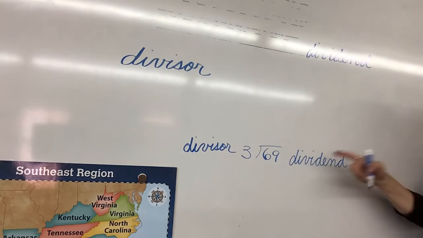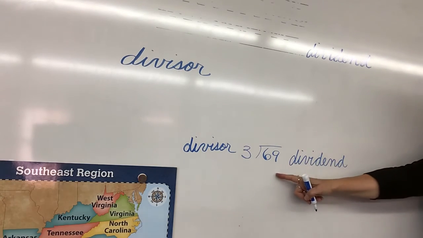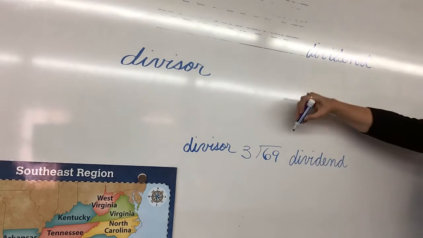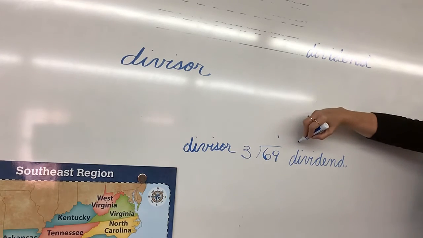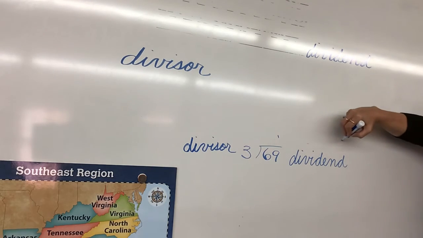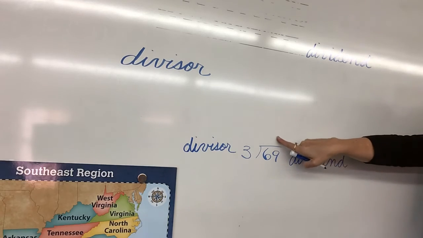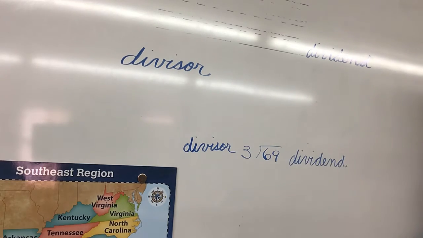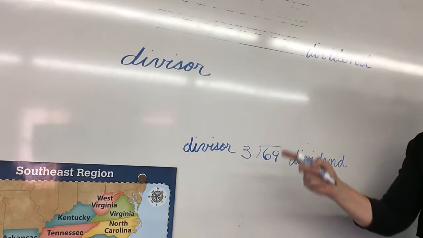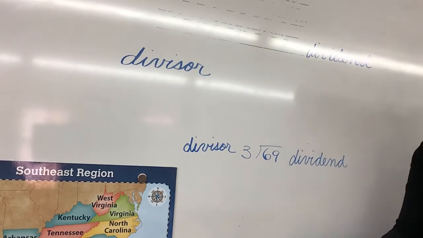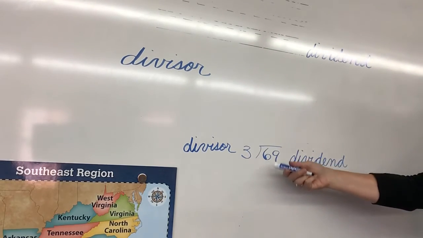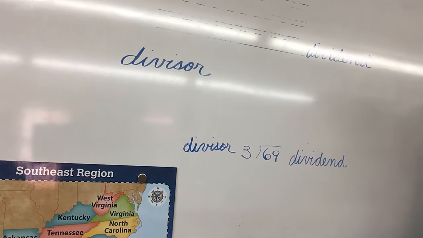And that goes on the second line, the one that's beside the 69. Because your answer is going to go up here, and they have another line right here. That's where your answer is going to go, on top. A little weird, isn't it? You guys are used to putting your answer underneath. Well, when you do a division frame like this, your answer goes on top.